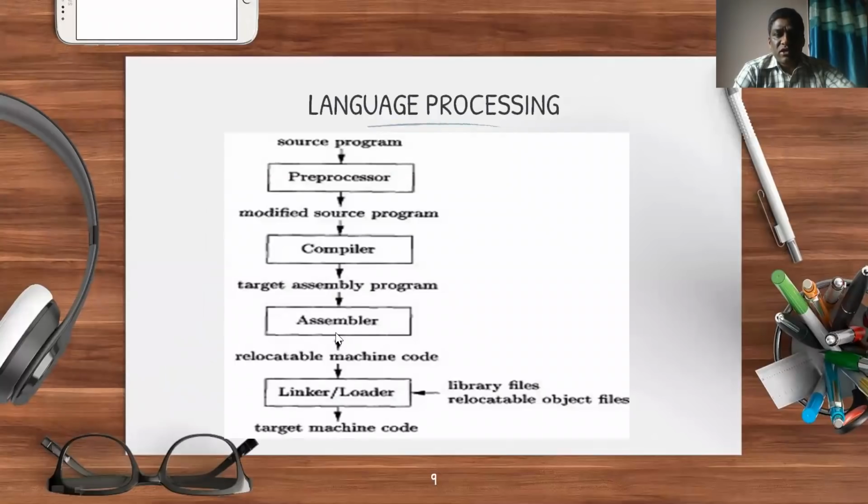That is what is mentioned here: the assembler converts the target assembly program into relocatable machine code. Now machine code is available, but still it's not ready for execution. It has to go through another component, which is called the linker, right?